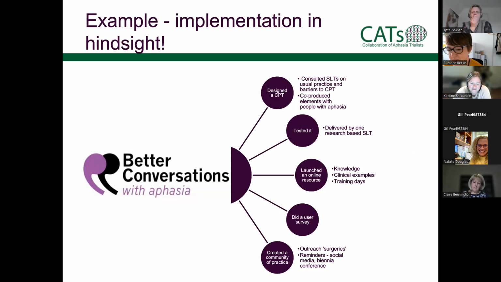So the Better Conversations with Aphasia CPT work to design the program and to test it and then to release it to people and help them to use it was done at a time when we weren't all talking about implementation science. I knew nothing about implementation science.